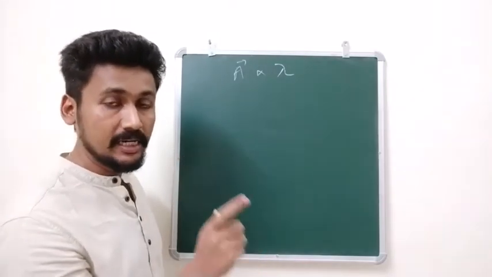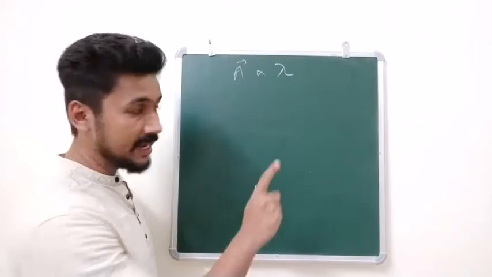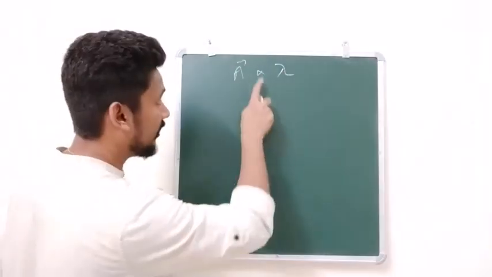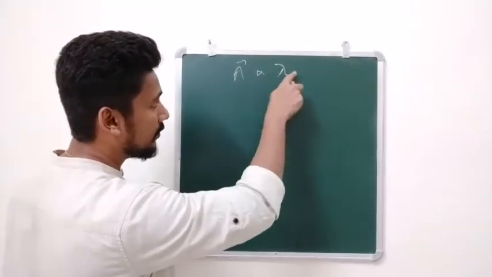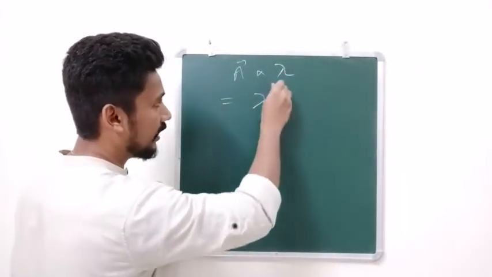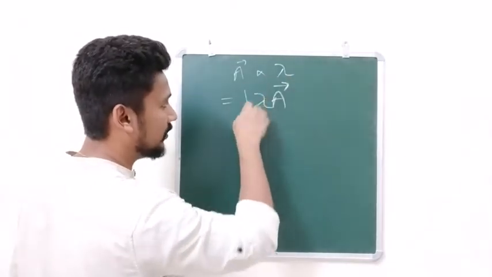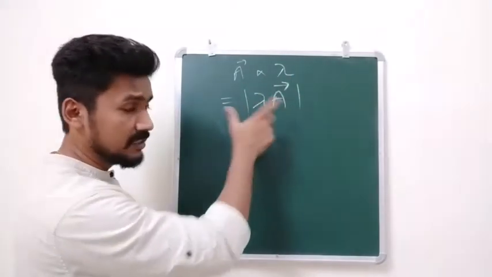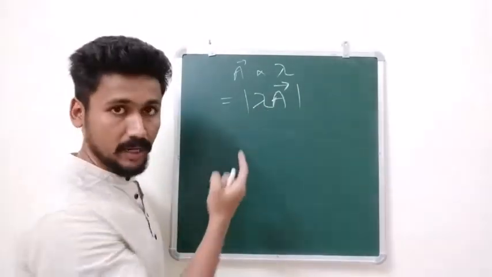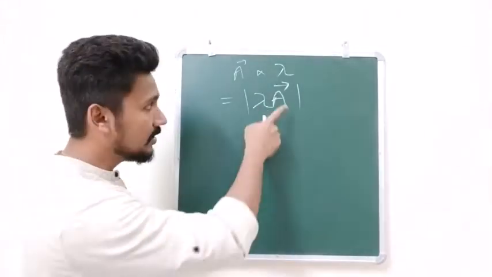That new vector will have magnitude given by lambda into the magnitude of A. That means A multiplied by some real number will be equal to lambda vector A. Okay, this will be the resulting vector. The magnitude of this vector will be lambda into A and the direction will be the same as that of A.